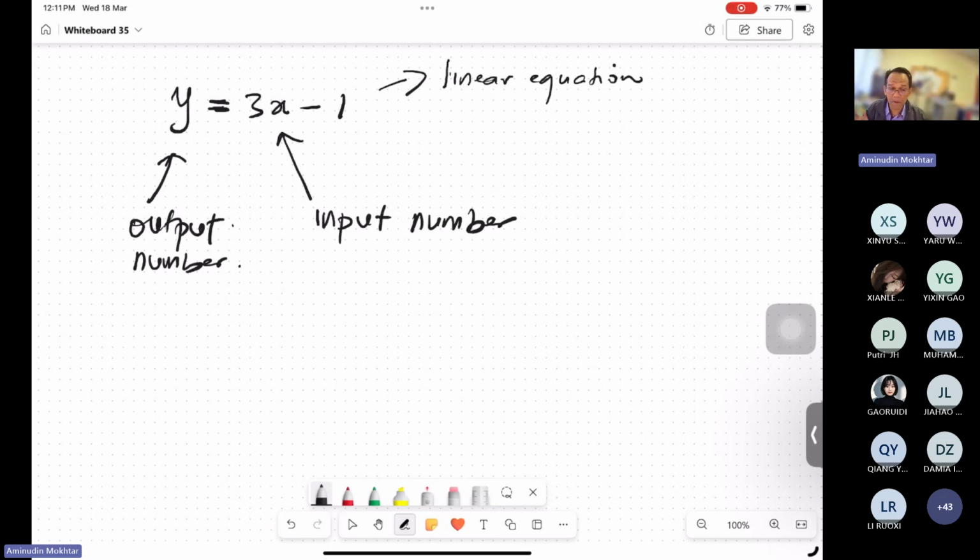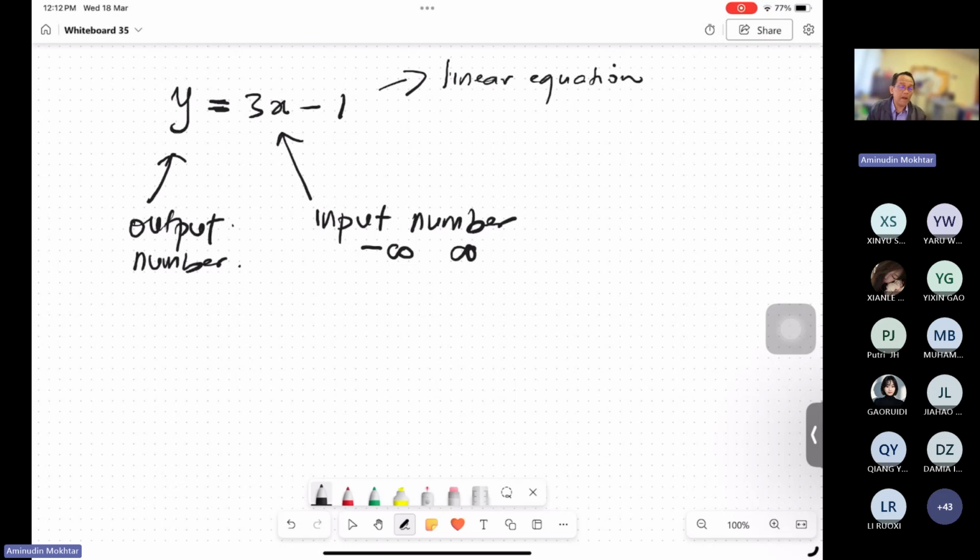X can take any number from negative infinity to positive infinity, subject to the characteristic of the equation, the restriction imposed on the equation. Maybe there are some restrictions, maybe there are none. In general, x can take any real number from negative infinity to positive infinity.